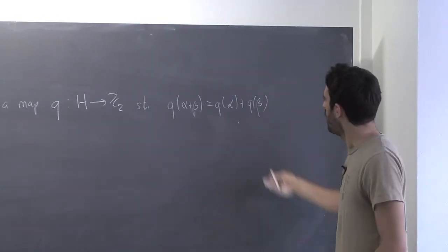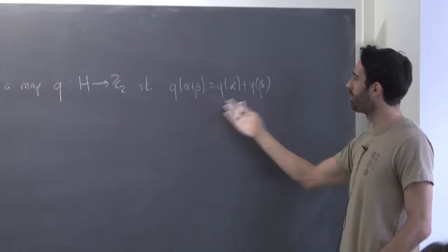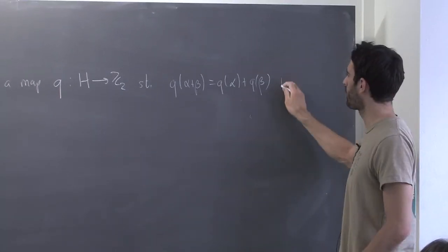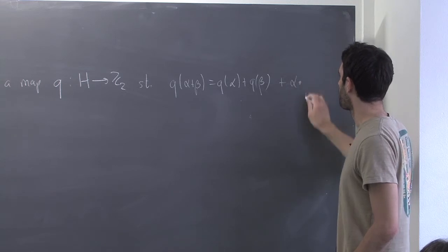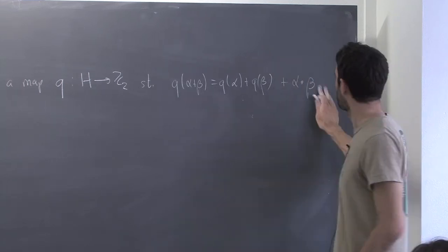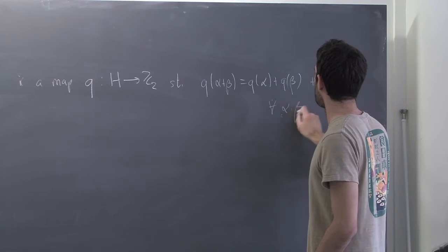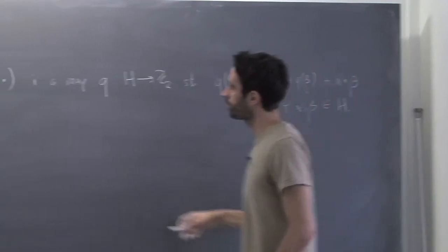Everybody knows what this is. So it is not a linear map, but the defect of linearity is measured by the bilinear form for any alpha, beta in H.